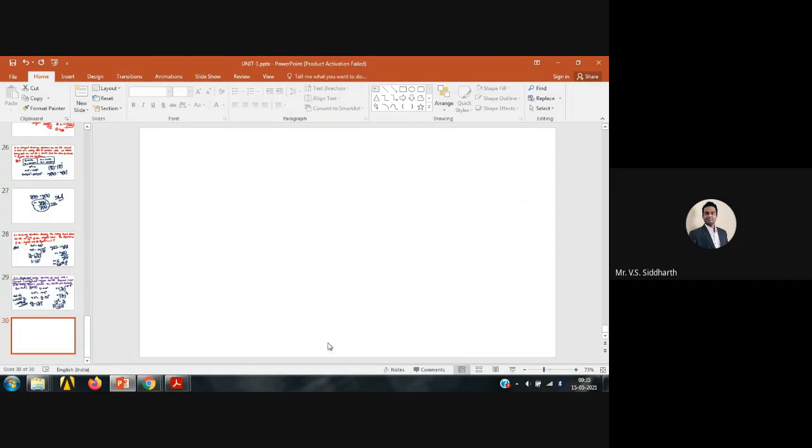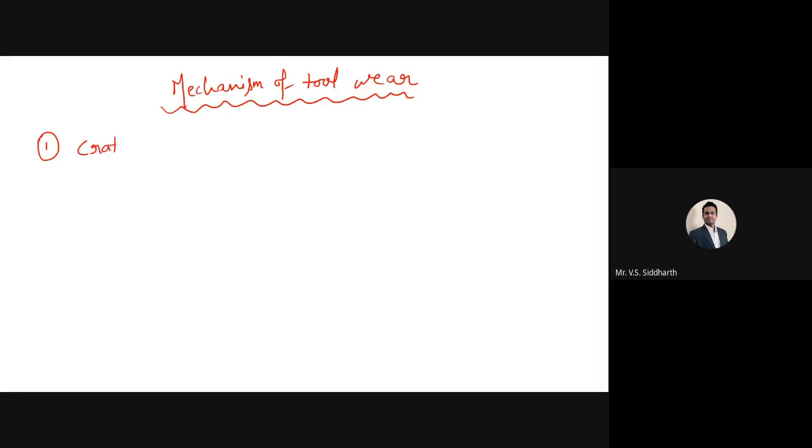Now the last topic for today's class is mechanism of tool wear. See, all of us know that there are two types of wear. The wear which is happening on the rake face, which we call crater wear, and the wear which is happening on the flank, which we call flank wear.